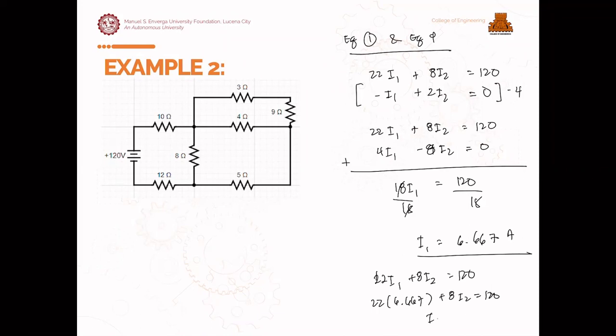So, I2 natin is equals to 120 minus 22 times 6.667 over 8. Wait lang.